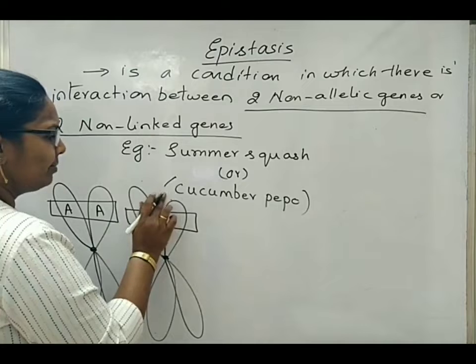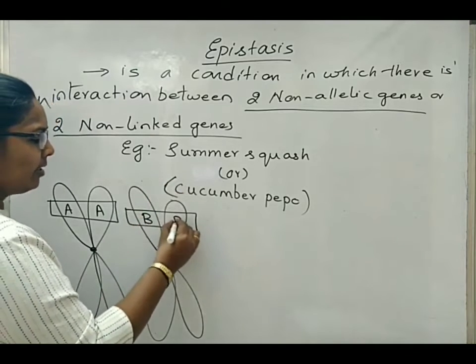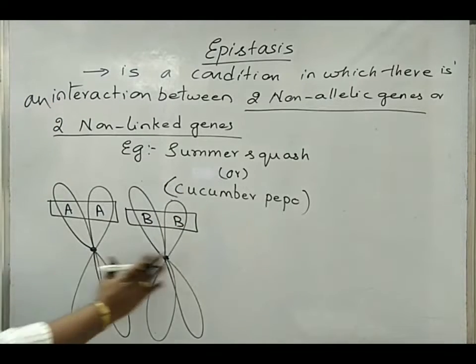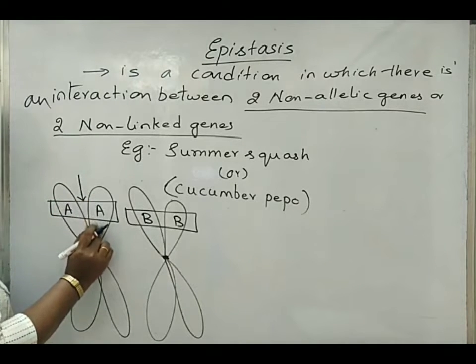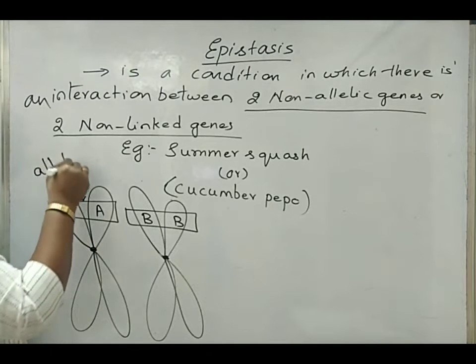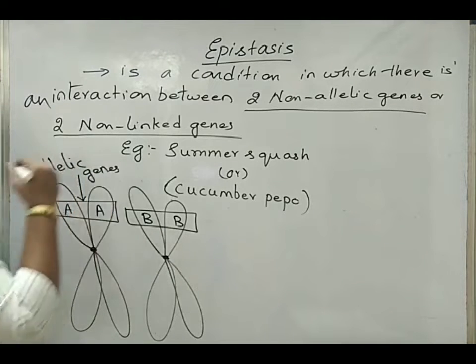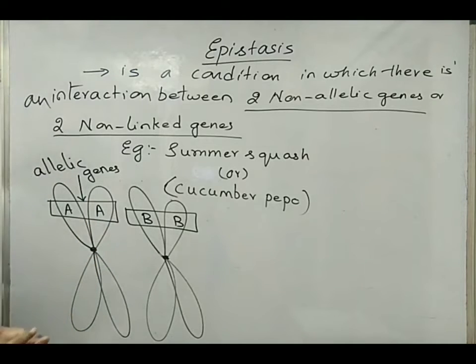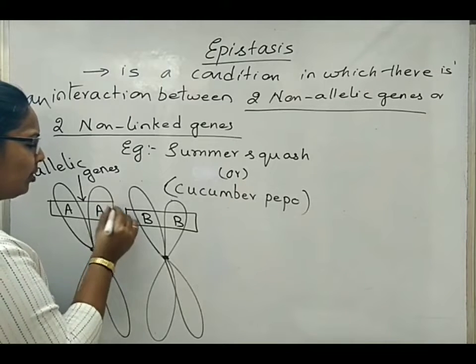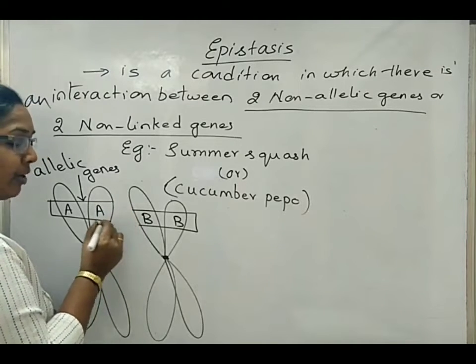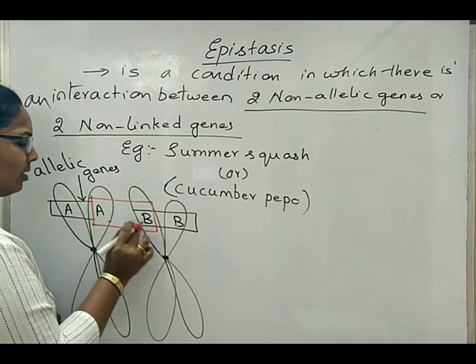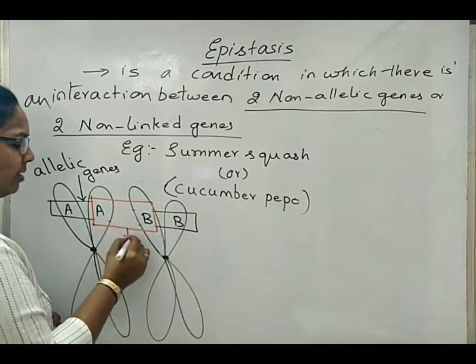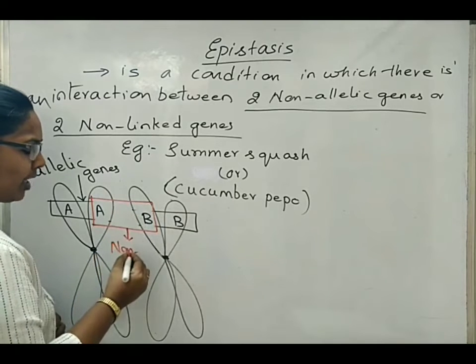And take another example. There is another dominant allele pair on another chromosome of the homologous chromosomes. Now, the allele forms that are present on one chromosome are called allelic genes. The allele forms that are present on two different chromosomes of a homologous pair, A and B, we call non-allelic forms or non-allelic genes.